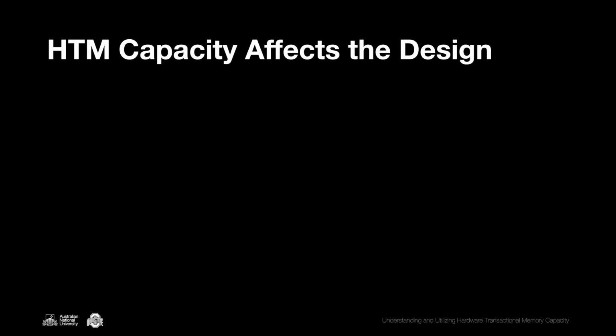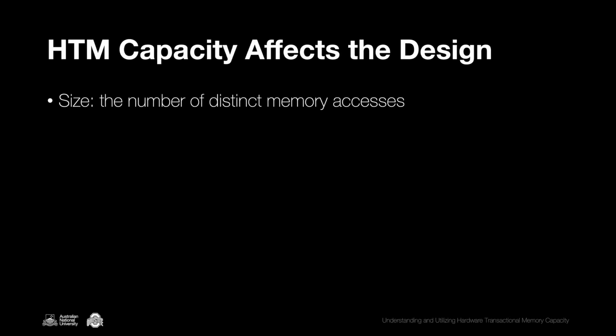So, why should I care about HTM capacity? Importantly, it affects the design of programs that use HTM. If you know that your transactions are always going to abort, maybe you want to find an alternative. When we measure the size of a transaction by the number of distinct memory accesses, we can get a sense of how likely it is going to abort.